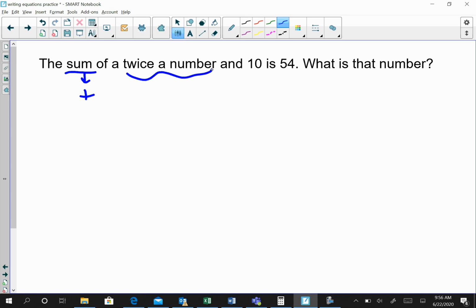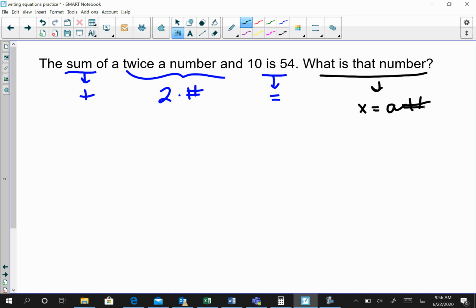Twice a number, that means 2 times a number. And 10, so we're going to do something with 10. Is, the word is, means equal. What is that number? This is my x. X is a number. I don't know what that number is, but it is some number.